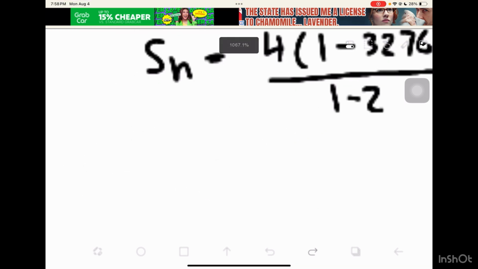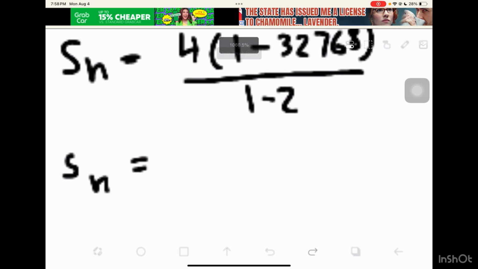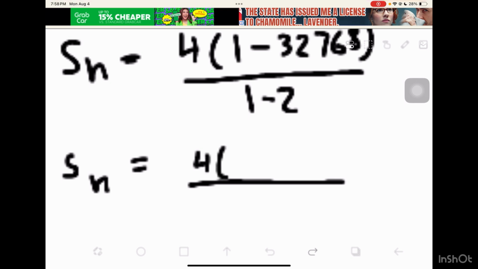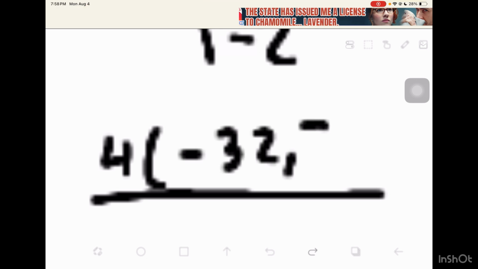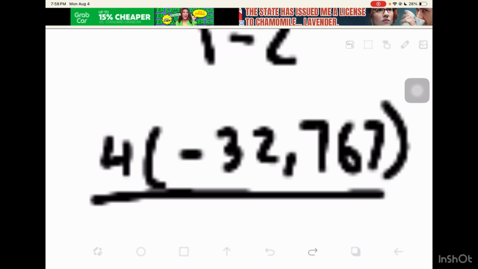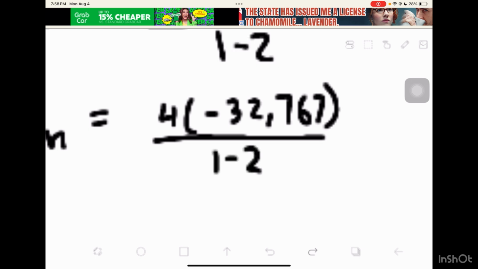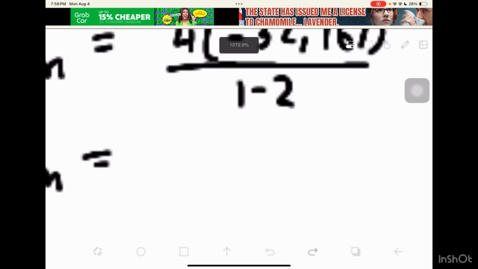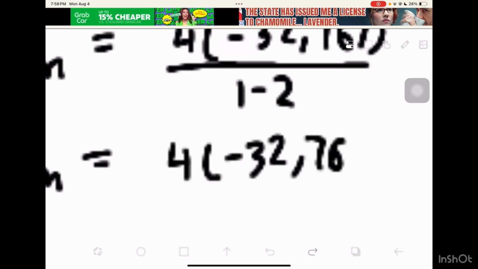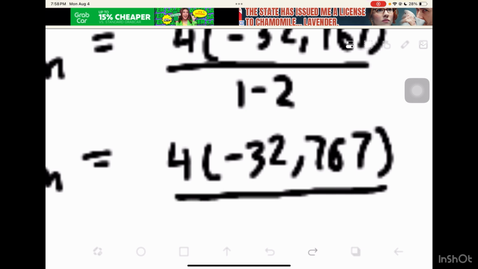Then let's continue and simplify the bracket. 1 minus 32,768 is negative 32,767. Let's finish up the denominator, 1 minus 2, which is negative 1. So S sub n is equal to 4 times negative 32,767 all over negative 1.